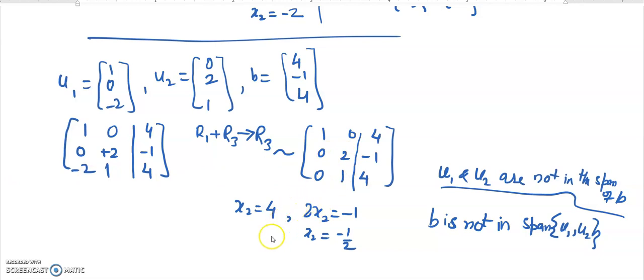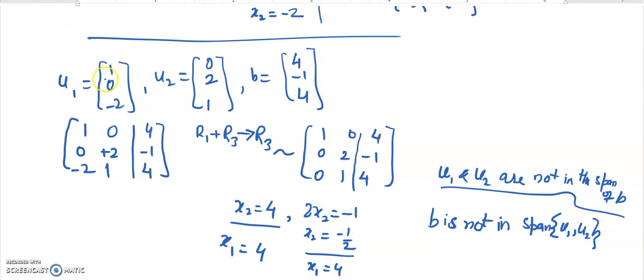So we can even verify it as well. For example, if we take x2 is equal to 4, and then from the first equation we get x1 is equal to 4, and for this pair also x1 is equal to 4.